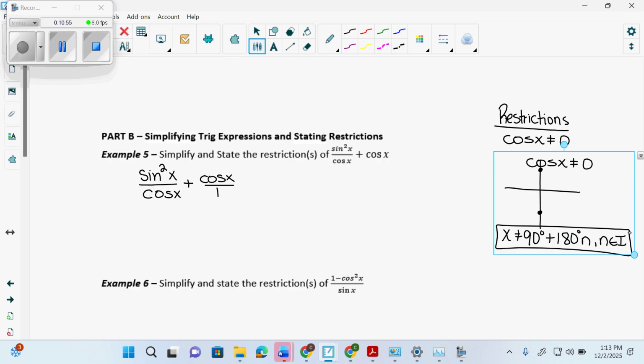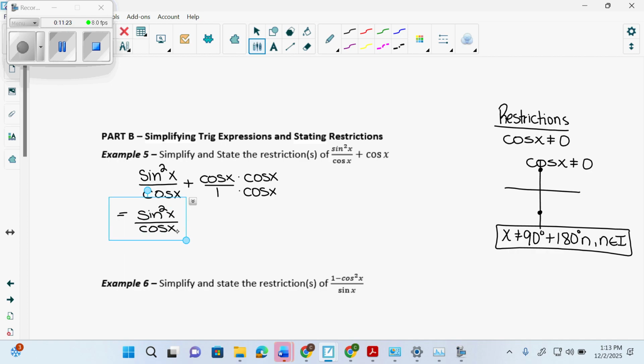Okay, it wants me to simplify this. When I have a fraction plus another fraction, what do I have to do? Yeah, common denominator. I need to get them to actually be the same so I can put them together as 1. So I'm going to multiply this by cos x so that I get a cos x in my denominator. Then I'm going to multiply this by cos x as well. So this is going to equal sine squared x over cos x plus cos squared x over cos x.